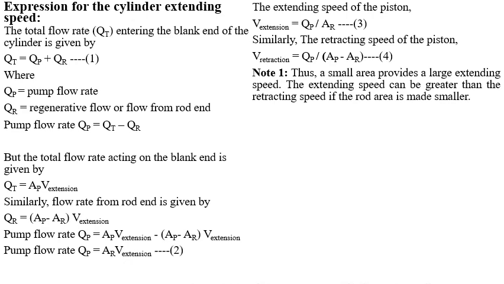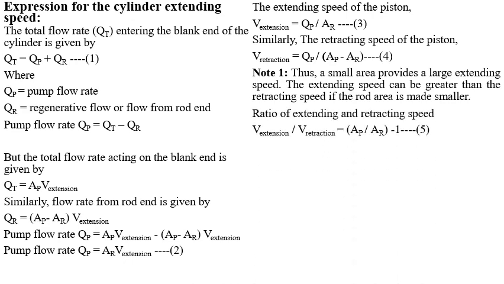See, a small area provides a large extending speed. The extending speed can be greater than the retracting speed if the rod area is made smaller. So we can go for a ratio of extending and retracting speed, that is V extension divided by V retraction equals QP divided by AR, whole divided by QP divided by AP minus AR.